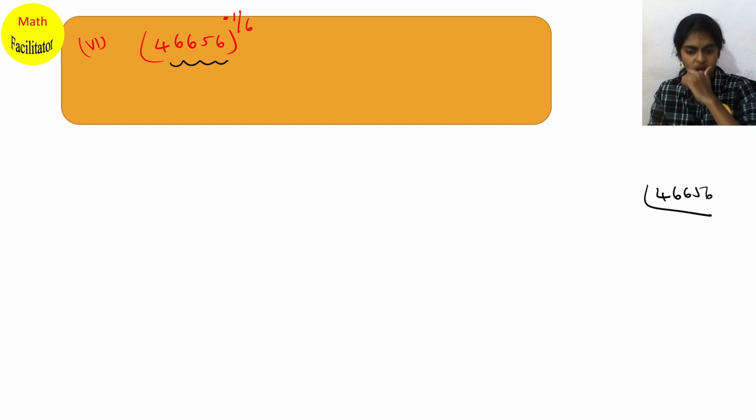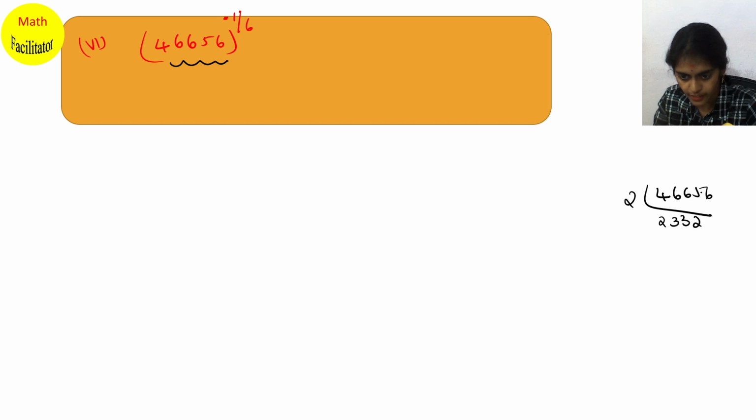So if you see, you can write this as 2 2s are 4, 2 3s are 6, 2 3s are 6, 2 2s are 4, and you have a small 1 here, 2 8s are 16. Again you can take 2, 2 1s are 2, and you have a small 1, 2 6s are 12, 2 4s are 8.